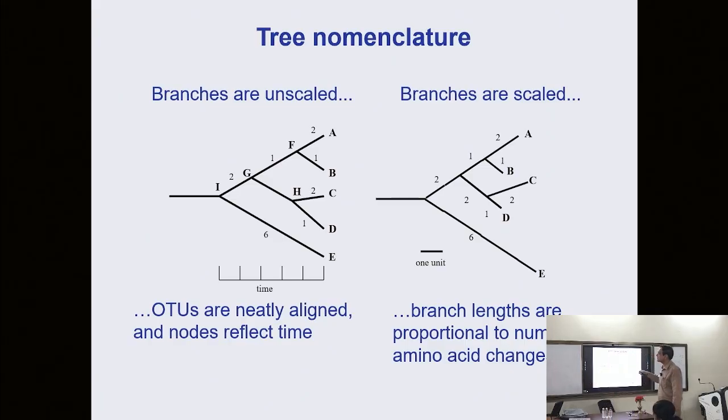On the other hand, branches can be scaled, which would indicate that A is evolving faster than B, because this length is indicative of the number of changes that have happened since the evolution from their common ancestor. So if more changes have happened, then the age would be longer. Okay, so branch lengths are proportional to the number of amino acid changes.